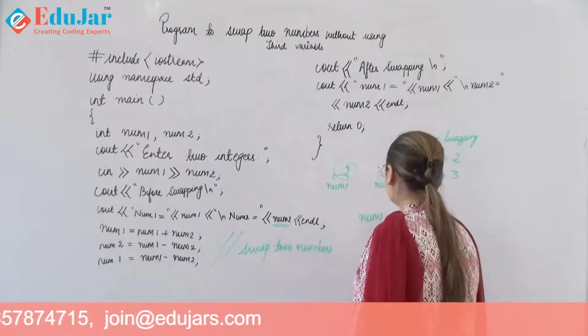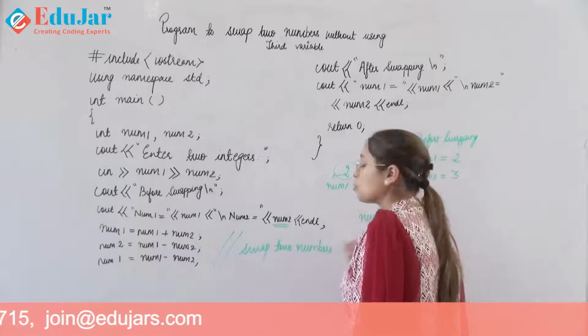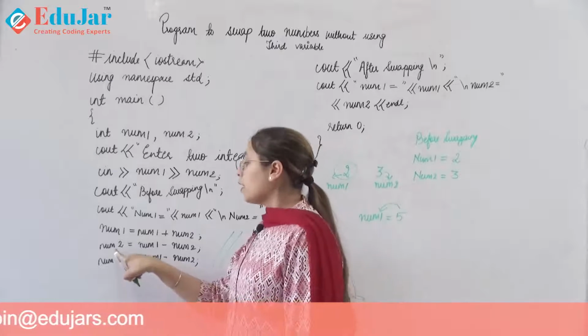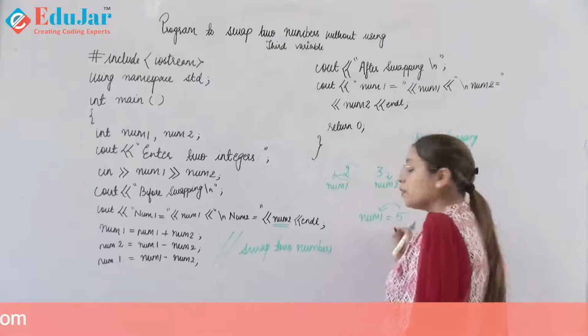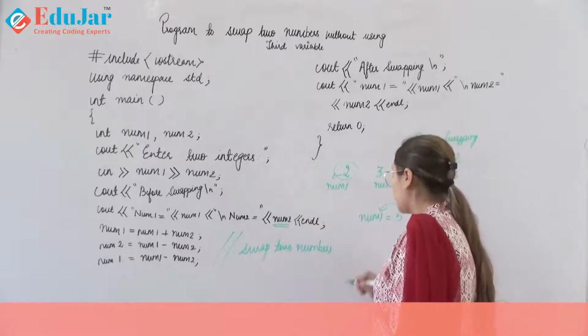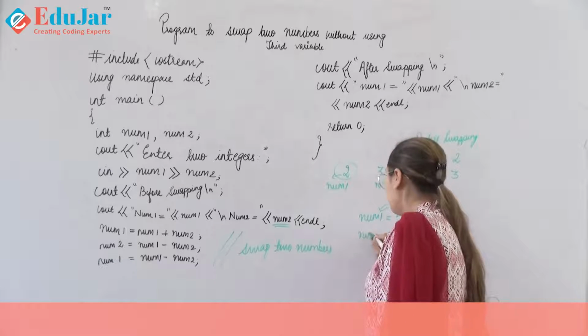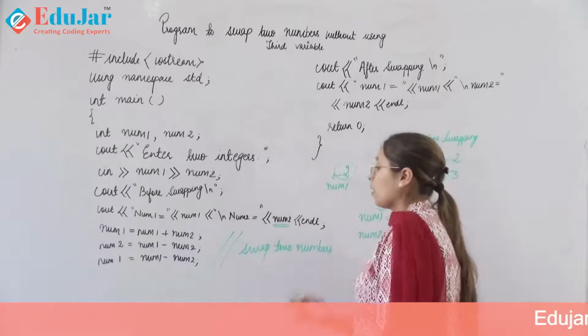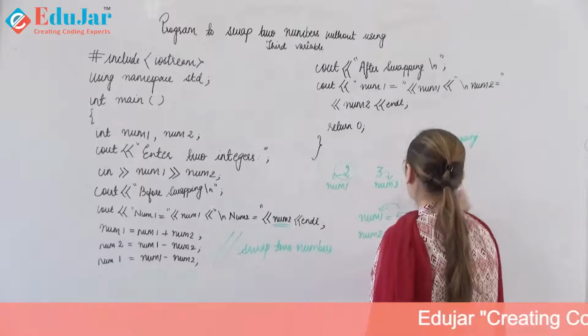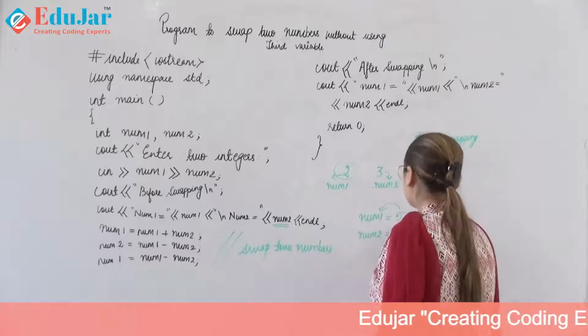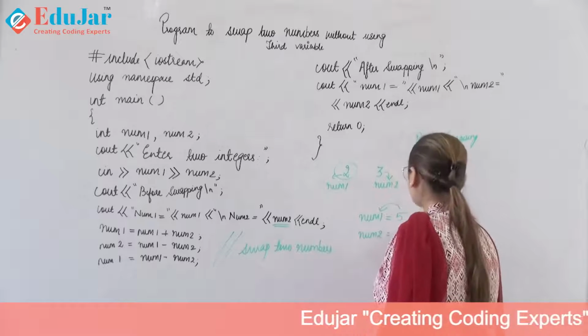So 2 plus 3 is 5, so 5 will get stored in num1. Then num2 is equal to num1 minus num2. Now num1 value is 5, so in the second step num2 will be num1, that is 5, minus num2, which is 3. So 5 minus 3 is 2.